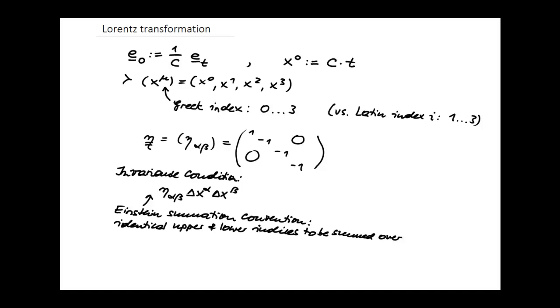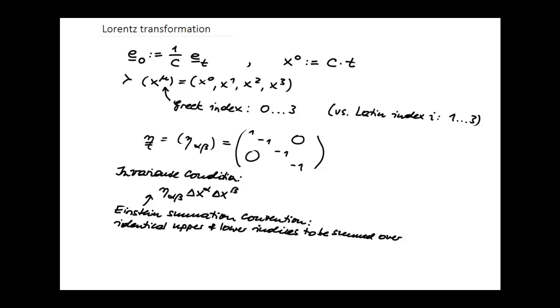Back to the invariance condition, what we have written here is nothing but our c squared delta t squared minus the spatial delta x squared, because the eta has only diagonal entries. So the first entry is eta 0,0, that's plus 1. Delta x 0, that's ct. So we have eta 0,0, which is 1, and then we have c squared delta t squared.